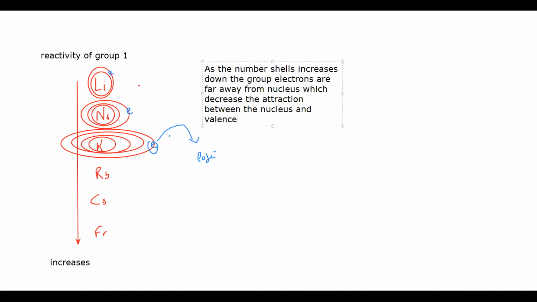Valence electron means the electron in the last shell. That makes it easy to lose an electron and increases the reactivity.